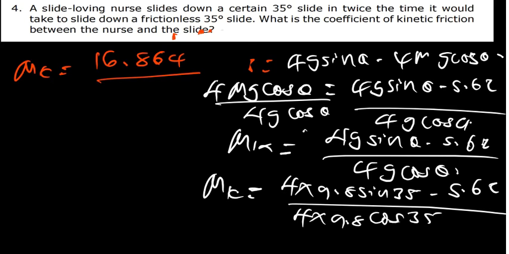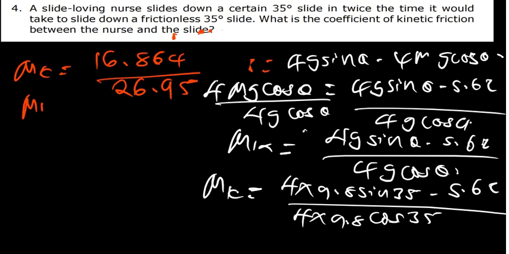We have 4 times 9.8, which is 39.2, times cos 35. So down here I'm getting 26.95.